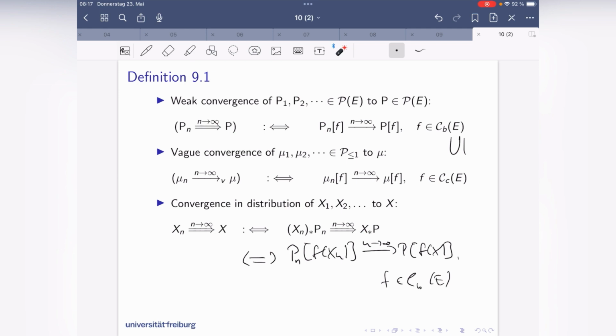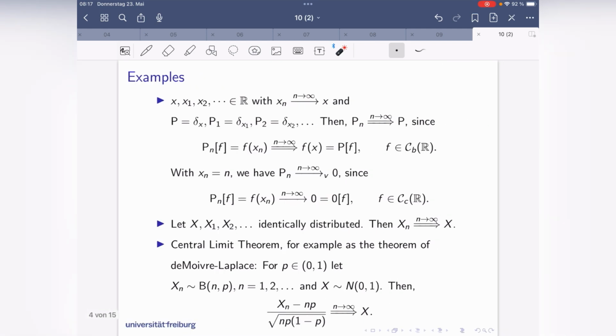Okay, some first examples. Let's have a sequence of points x_n in R converging to x, and let's take the Dirac measures on these points. Then the Dirac measures converge weakly. Why do they converge weakly?